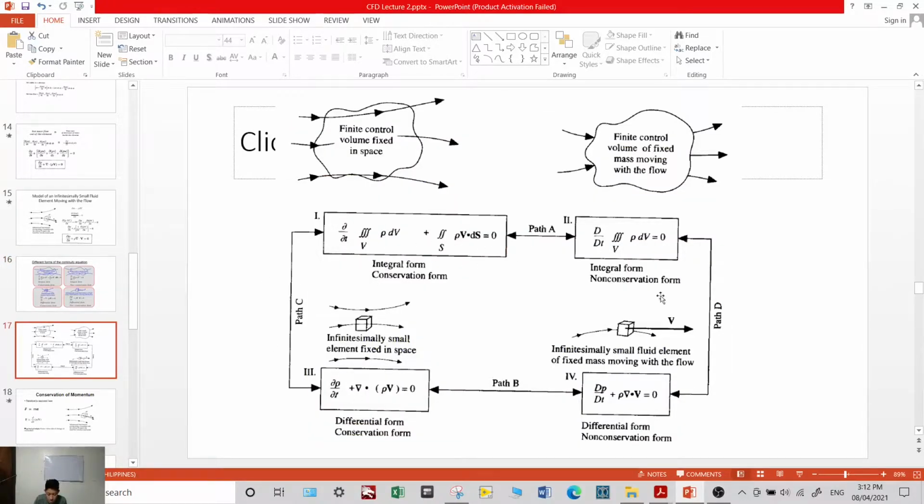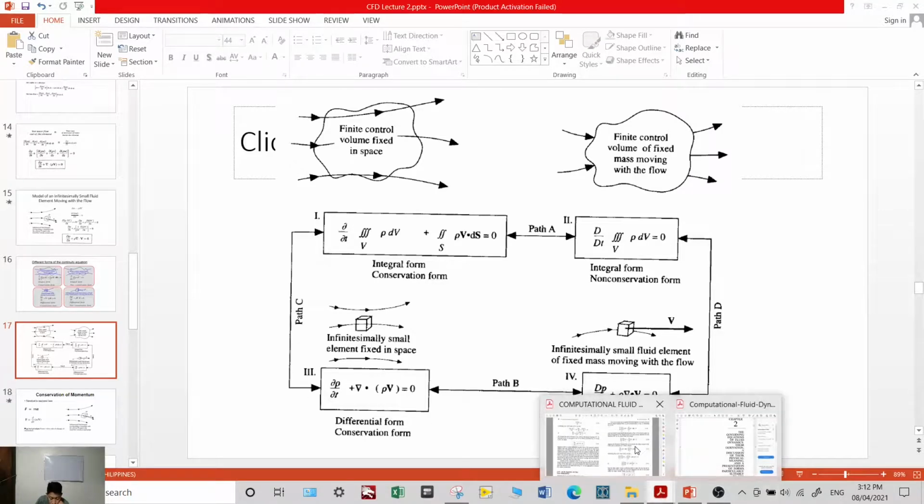So, observe the arrows. This form can be converted into this form, and this one can be converted into that one. So, for example, we will convert form 1 into form 3.